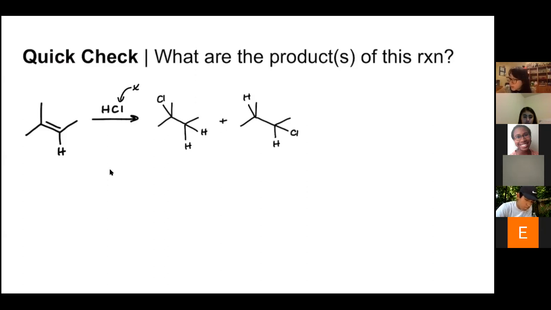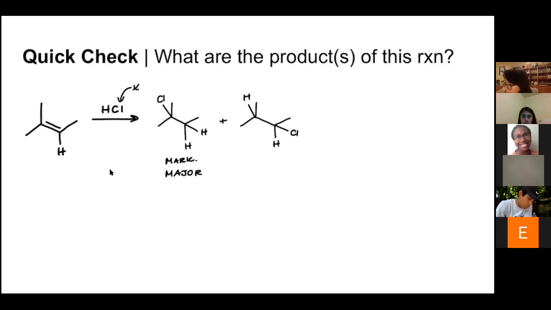Can someone tell me which one is the one on the left, Markovnikov or anti-Markovnikov addition? Markovnikov. Yes, exactly. Thank you. So this is going to be your Markovnikov, and this is going to be your major product.